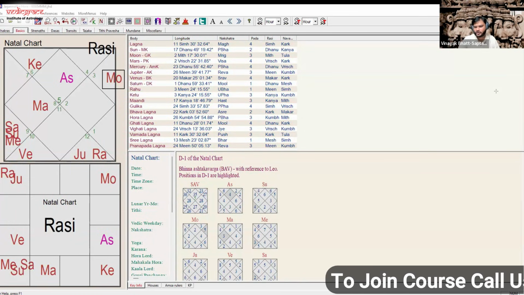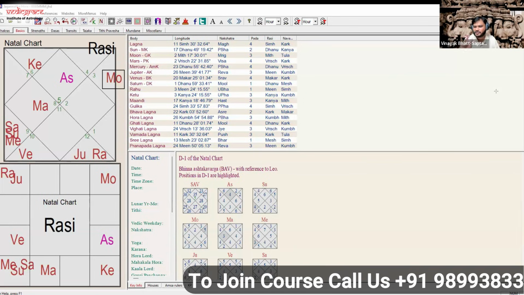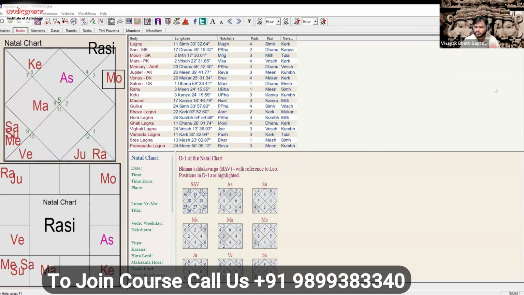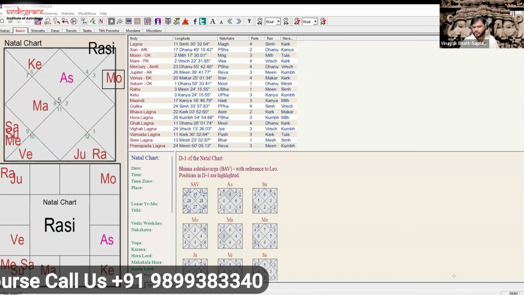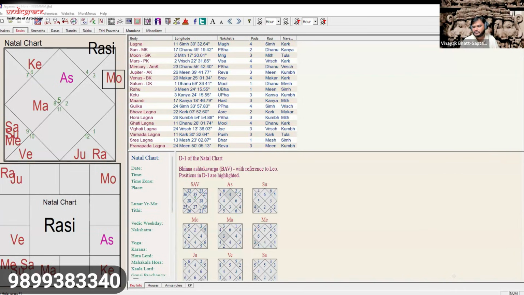I can explain that logic, or I can give some name to it: Sadesati. Now it is easy to remember, no? This is the problem with modern authors. That's why I'm saying, don't read modern authors' books. Stick to the Rishis and Acharyas. They are more authentic in this sense.